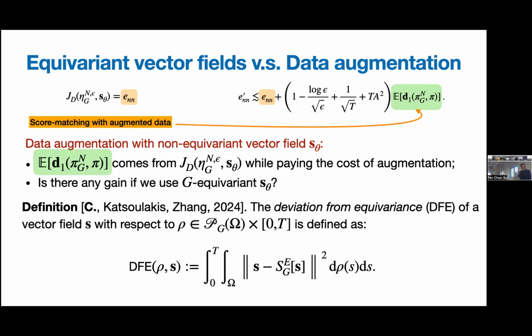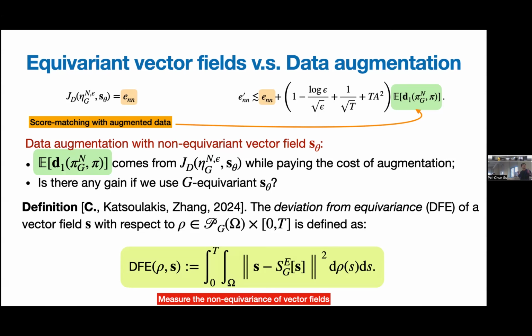Okay, so we provide the notion of the so-called deviation from equivariance of a vector field with respect to some G-invariant probability measure. Basically, it's the weighted L2 norm between a vector field S and its symmetrized vector field, such that if S is already G-equivariant, then the DFE of S with any G-invariant probability measure rho is always equal to 0.